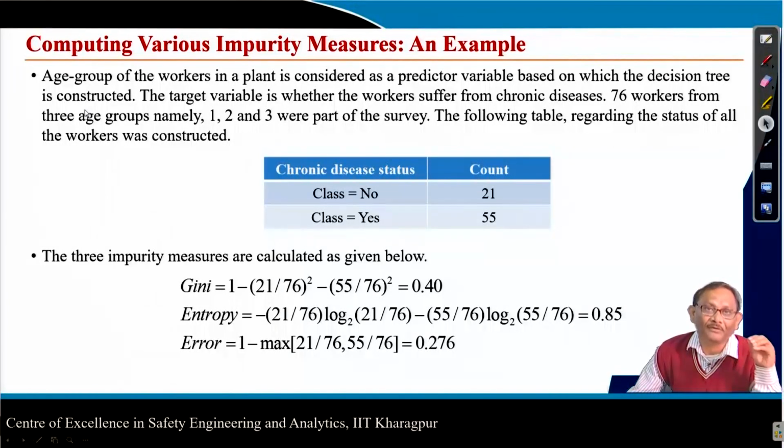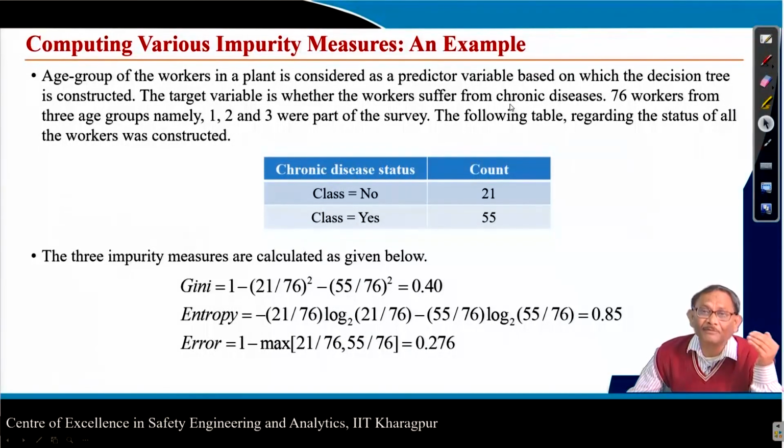This is just a hypothetical example. The target variable is whether the workers suffer from chronic diseases. In many jobs, if you work for a long period, unless occupational health issues are taken care of very well, occupational diseases may arise in some individuals.